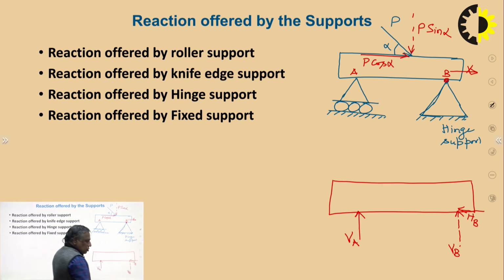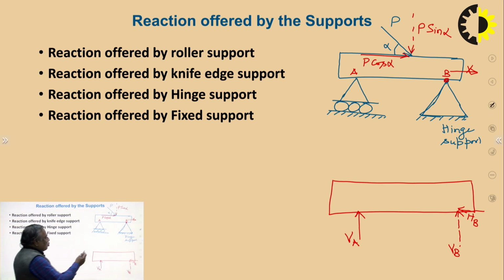I draw these reactions with the help of dashed lines because the direction I will finalize after the analysis. If the answers of VB and HB become positive, then these assumed directions will be perfect. Otherwise, whichever is negative, I will change the direction of that particular reaction in case of the hinge support.